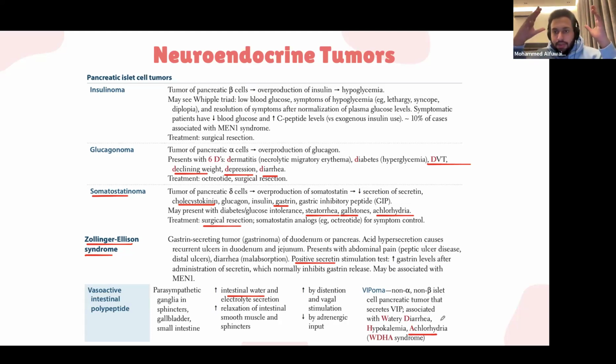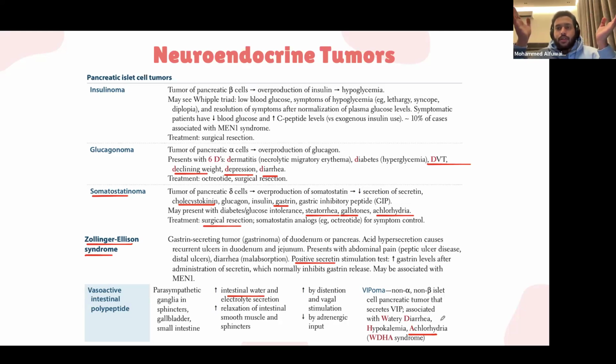All of these tumors are associated with a syndrome called MEN1 syndrome. MEN1 syndrome is multiple endocrine neoplasia syndrome. Okay? This is more important in the next block. Tamam? But for me to explain very quickly, again, it's not too important to remember.